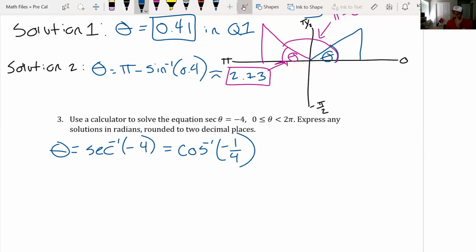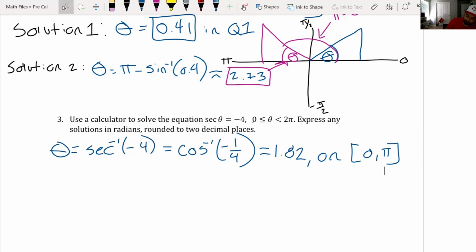And cosine inverse of -1/4 is 1.82. And remember, this is on the restriction 0 to pi. So 1.82 on the restriction 0 to pi.